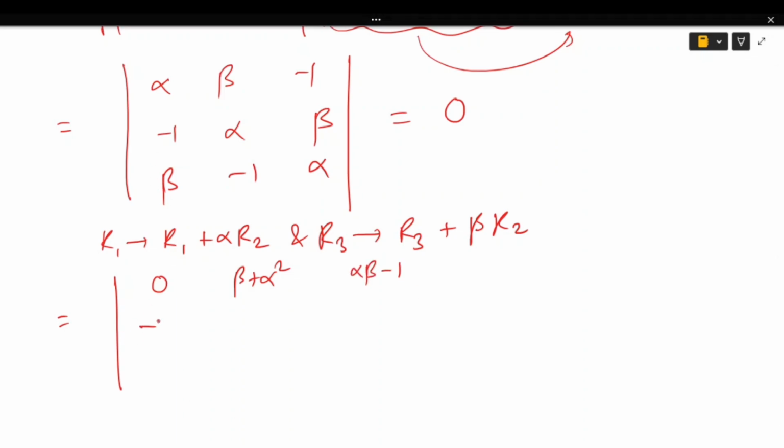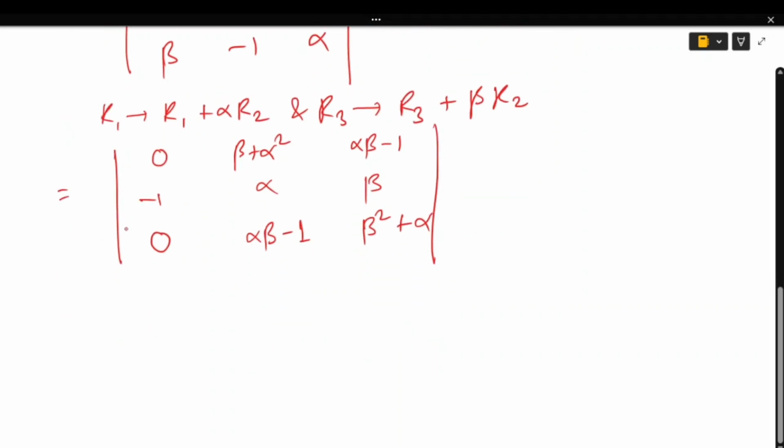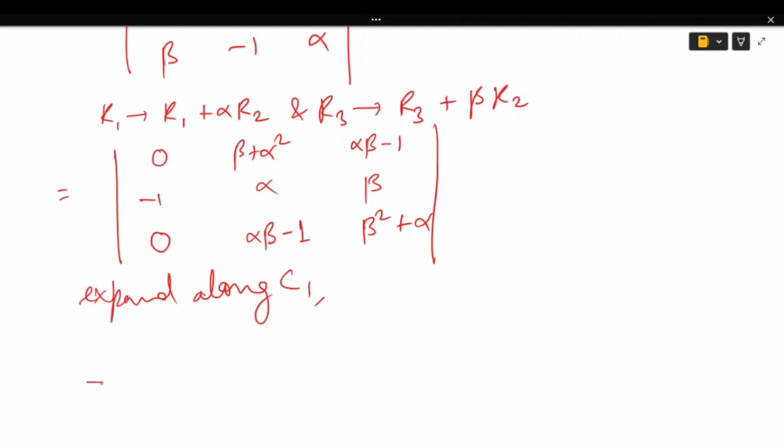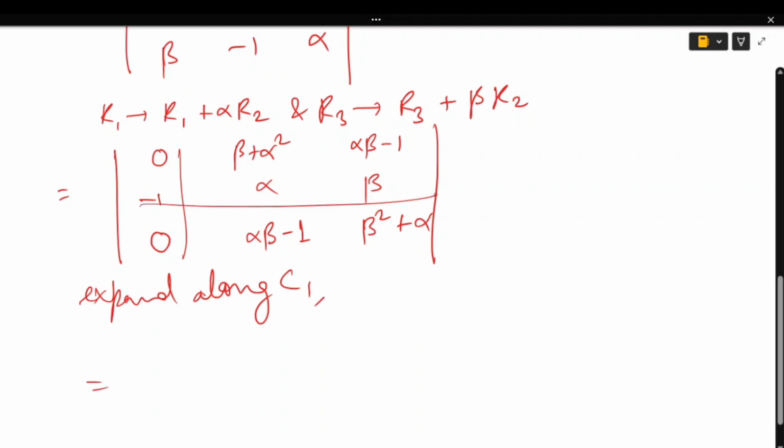Similarly, in the third row we obtain 0, then alpha beta -1, then beta square plus alpha. Now expand along C1, what we get? It will be negative, negative, positive.